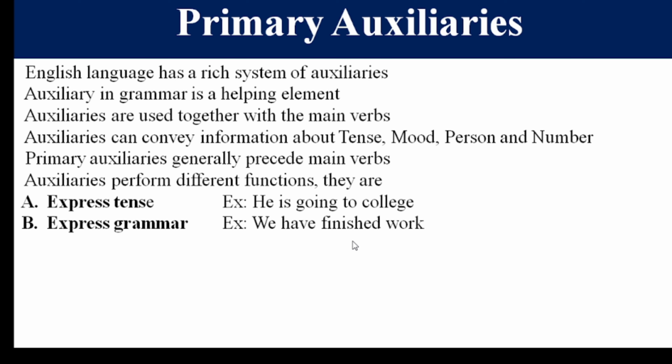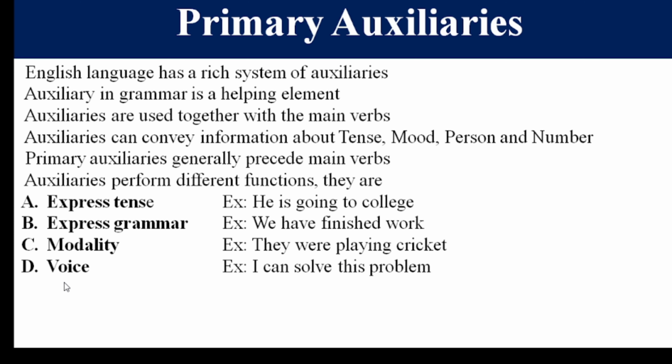The third function of the primary auxiliaries is modality. They were playing cricket is an example of this. Next is voice. Here, I can solve this problem shows how subject, object, and verb can be used. This is how we can understand the functions of the primary auxiliaries.